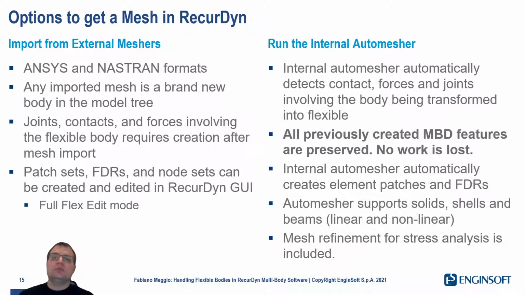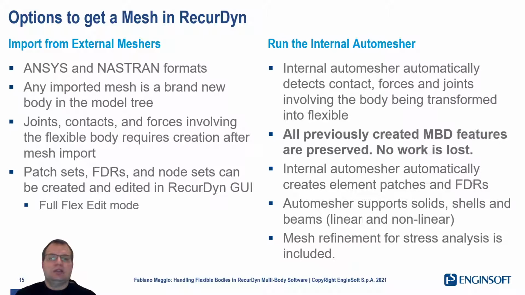If you start from a rigid multibody, then you can get a lot of benefit using the internal automesher. Why? Because automesher is a smart tool. It automatically recognizes the joints and the contacts that have been previously defined on the rigid body. So when it applies the mesh, it automatically creates the FDRs and automatically creates the patch of elements for contacts.